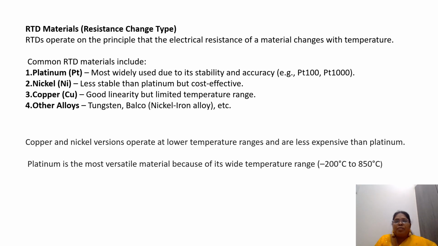Nickel is less stable than platinum, but it's cost effective. Copper has only a limited range of temperature. Other alloys like tungsten and balco can also be used, but most probably we use only platinum, because it can be used over a temperature range of -200 to 850 degrees Celsius.